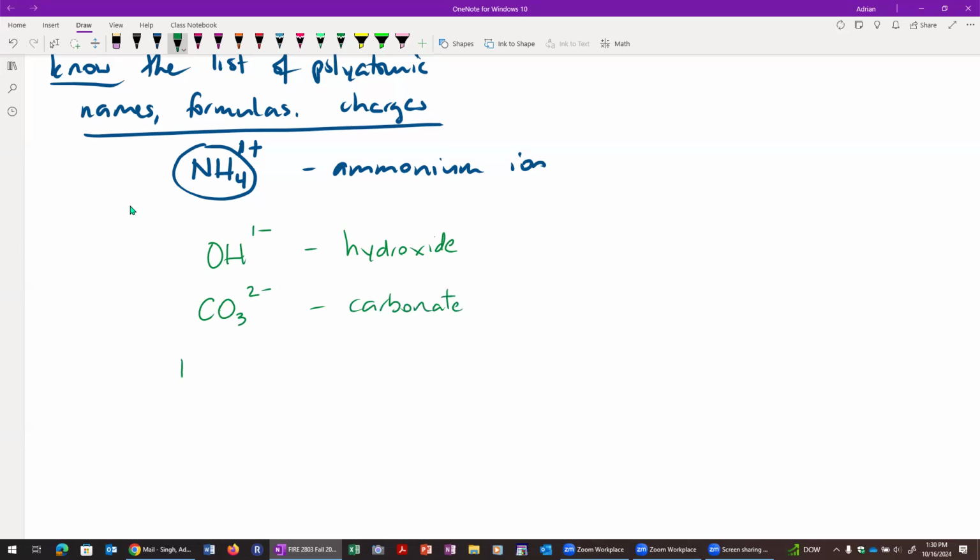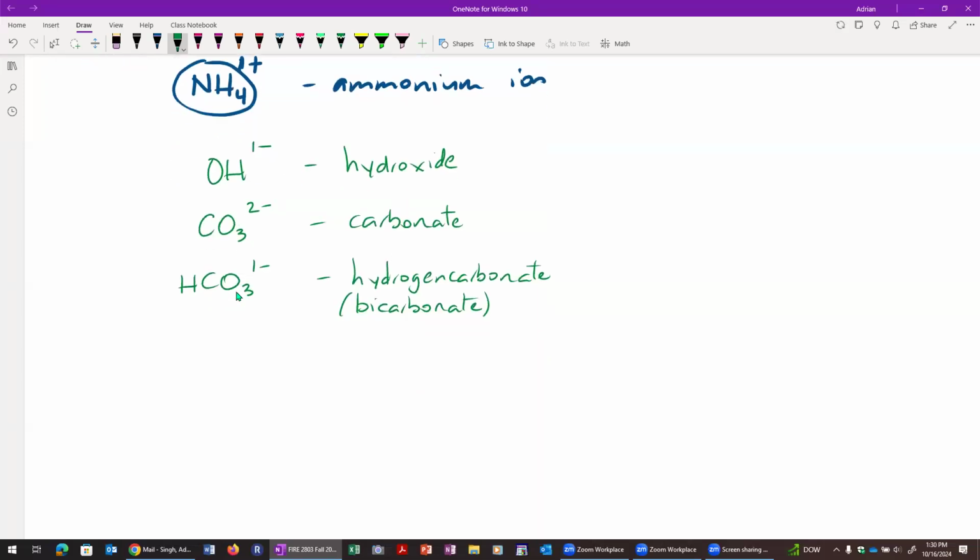We have H, we stick an H in front of the CO3, then we end up with a 1 minus charge. This is called hydrogen carbonate, or a common name for this is bicarbonate, something you may have heard about before.